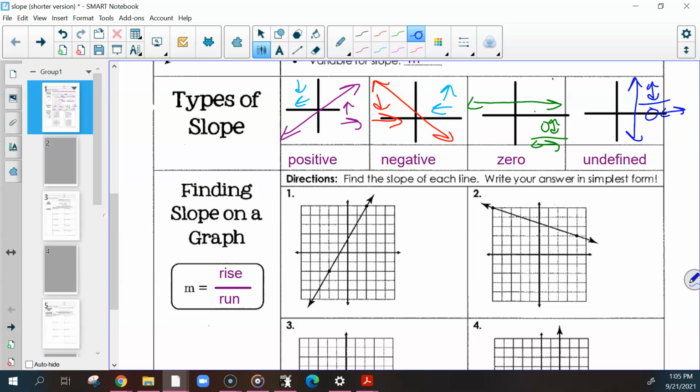Garrett, you have a calculator. Pick a number, any number, and divide it by 0. What happens? What number should you pick? 58. Okay, 58. You put 58 divided by 0, or you did 0 divided by 58.